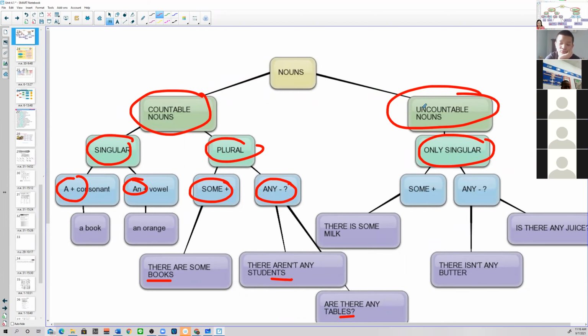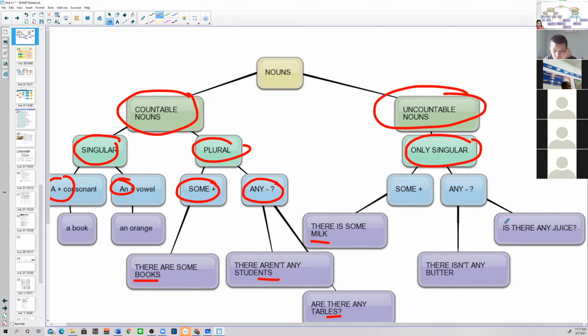And let's take a look at uncountable nouns, right? Use only singular form. So we don't have a or an anymore, just use some or any. And the rules apply the same. There is some milk for affirmative form. Is there any juice?